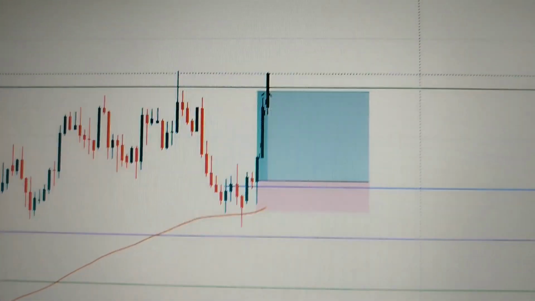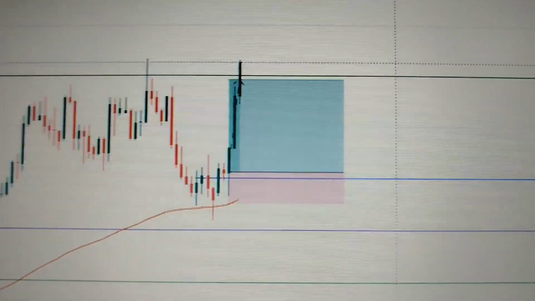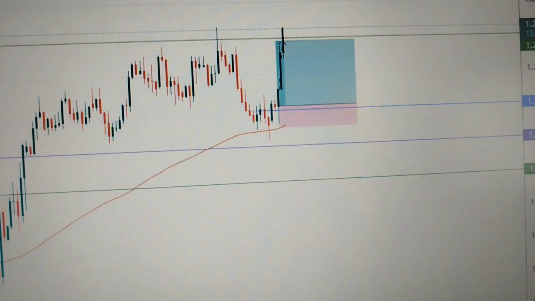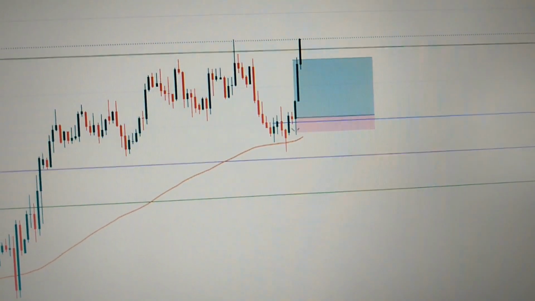I didn't want 1 to 3, so this would have been the setup. But I chose to go for a 1 to 4. And guess what? I got cooked.